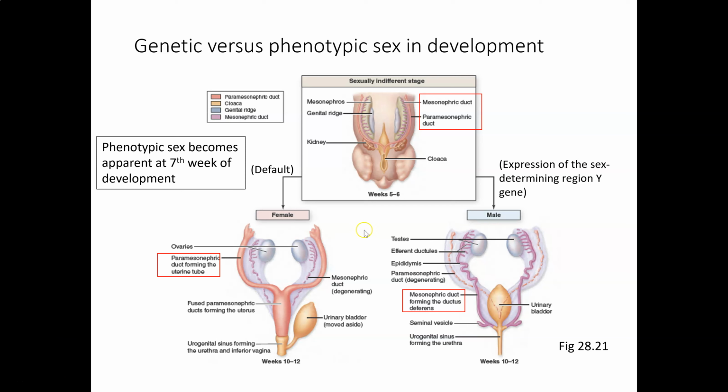So during the embryo stage, anytime before the 7th week, if we're looking at week 5 to 6, that's a sexually indifferent stage. That means there's no difference in the developing embryo between a male embryo and a female embryo.